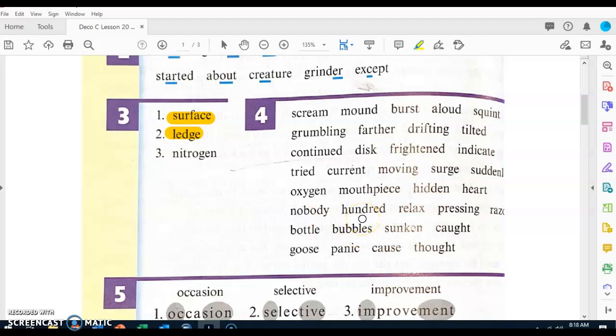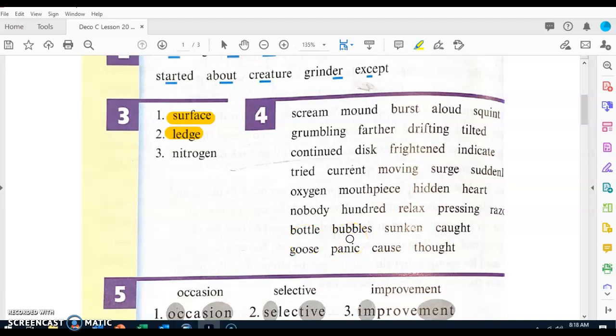What word? 100. Next word. What word? Relax. Next word. What word? Pressing. Next word. What word? Razor.